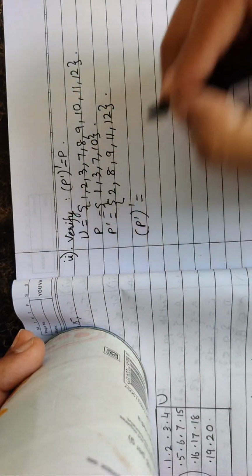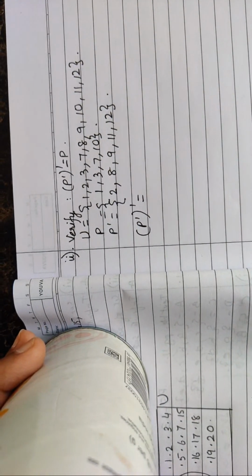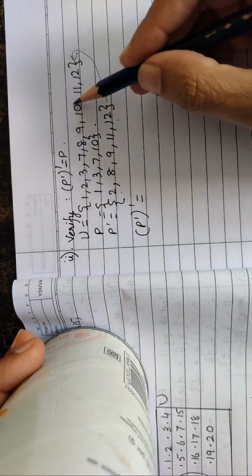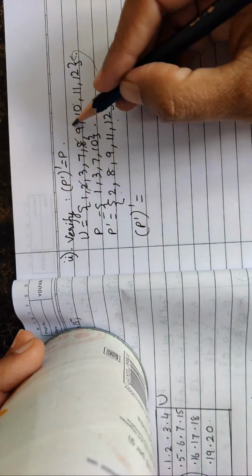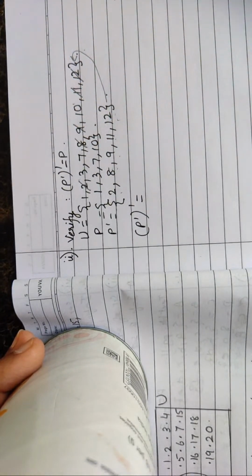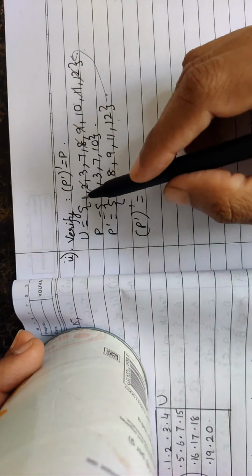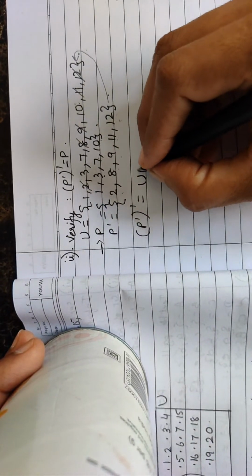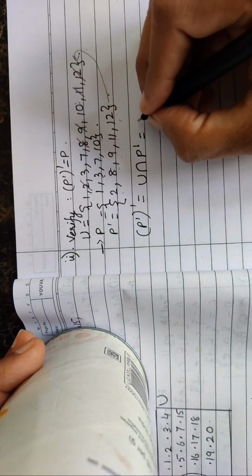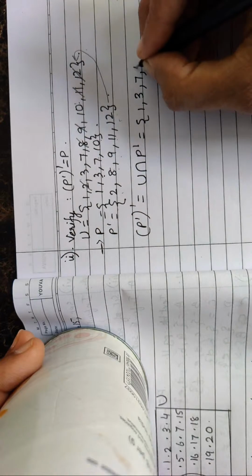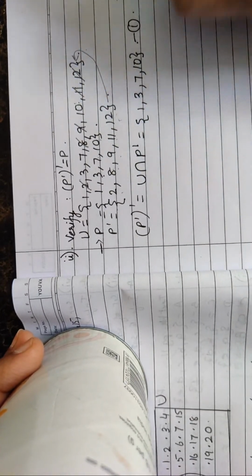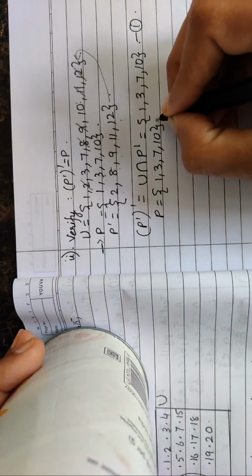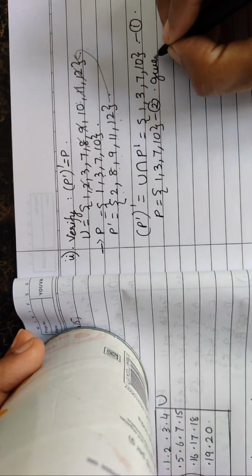So what will P dash dash be? Again, P dash dash will be what is not in P dash. So again, if I cancel out P dash and the universal set, we have to look at these two sets. Cancel 2, cancel 8, cancel 9, 11 and 12. So what is left, children? Yes, you get the same elements that are present in set P. So U intersection P dash gives me elements 1, 3, 7 and 10. I'm marking this as 1. And we already know that P set has these elements, so I'm marking it as 2, and this is given to us.